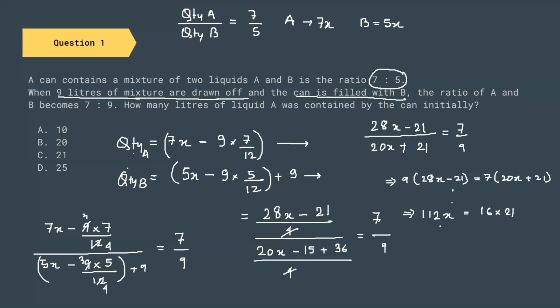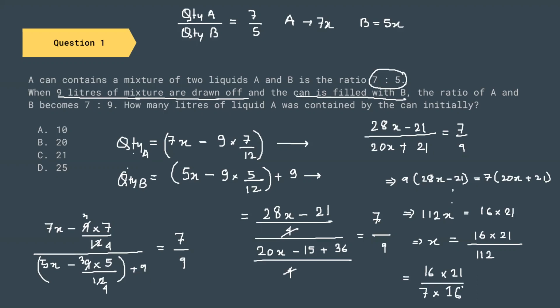Once we have this, let us try to simplify. So x is equal to 16 into 21 divided by 112. Now 112 can be written as 7 into 16.